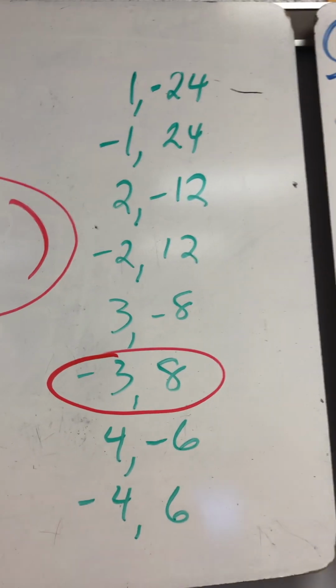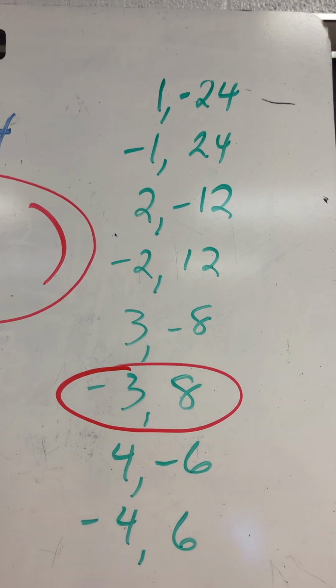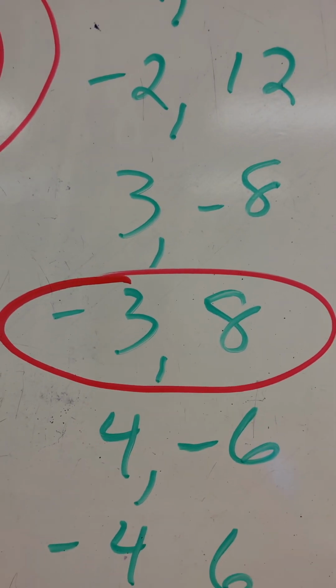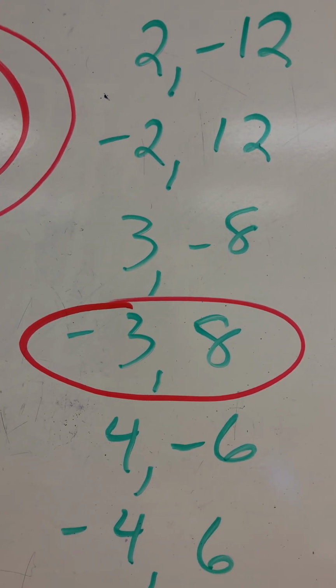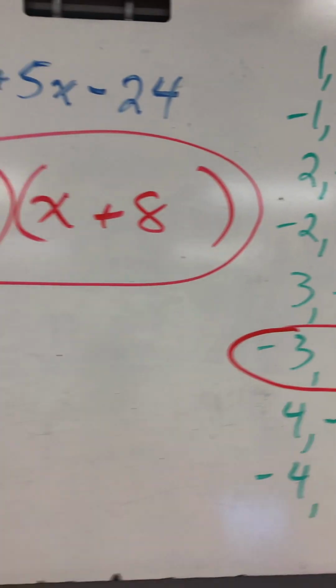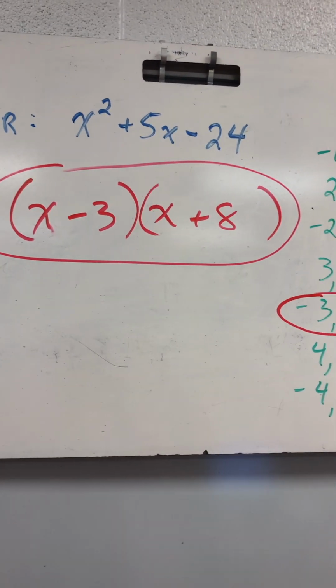Here are all the combinations that make negative 24 when you multiply them. But it's negative 3 times 8 that makes positive 5 when you add negative 3 plus 8. So your answer is x minus 3 times x plus 8.